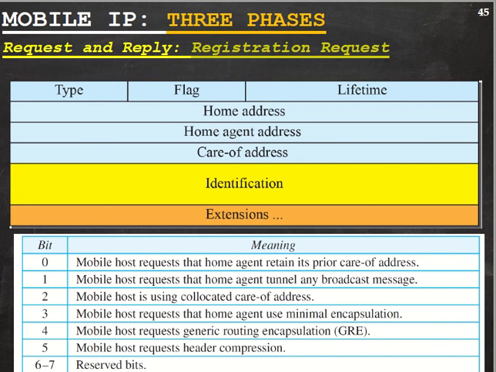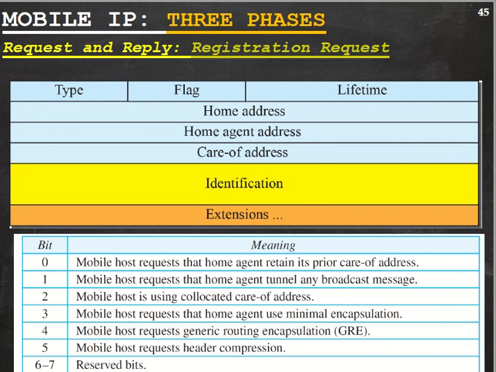A registration request is sent from a mobile host to the foreign agent to register its care of address and also to announce its home address and home agent address.